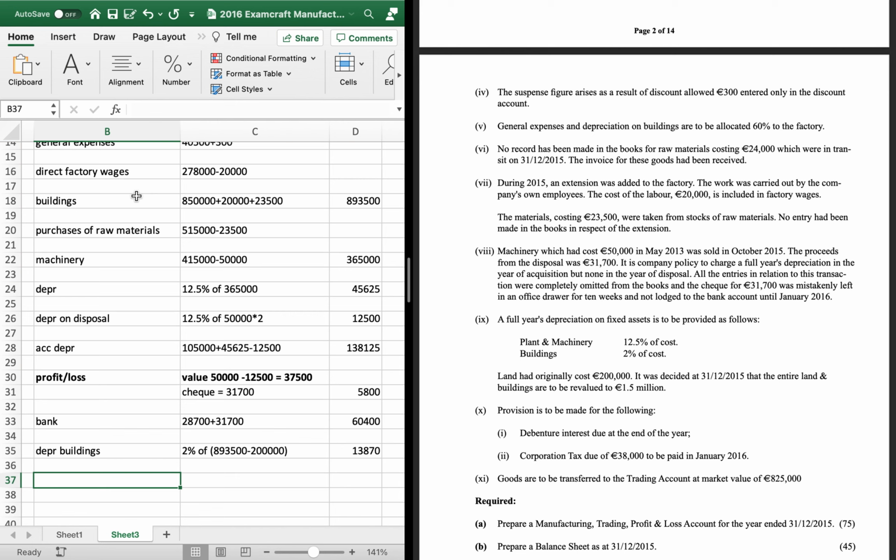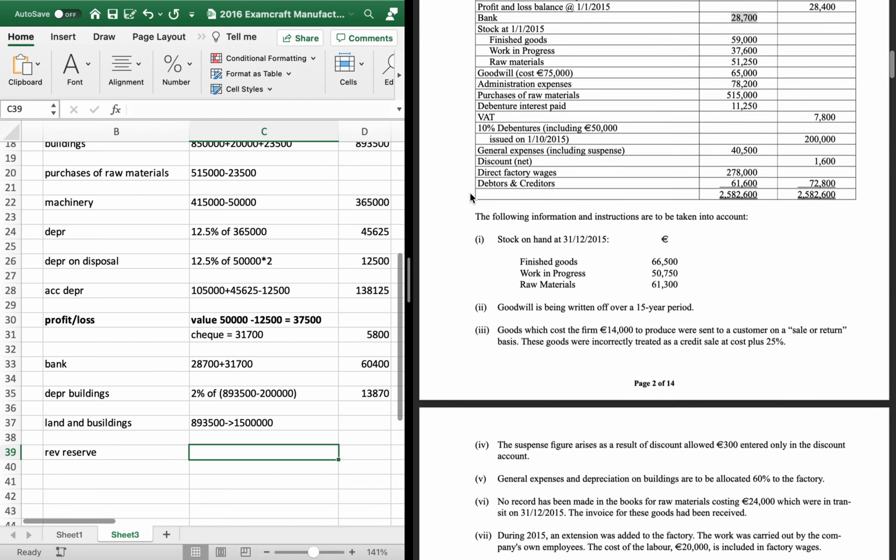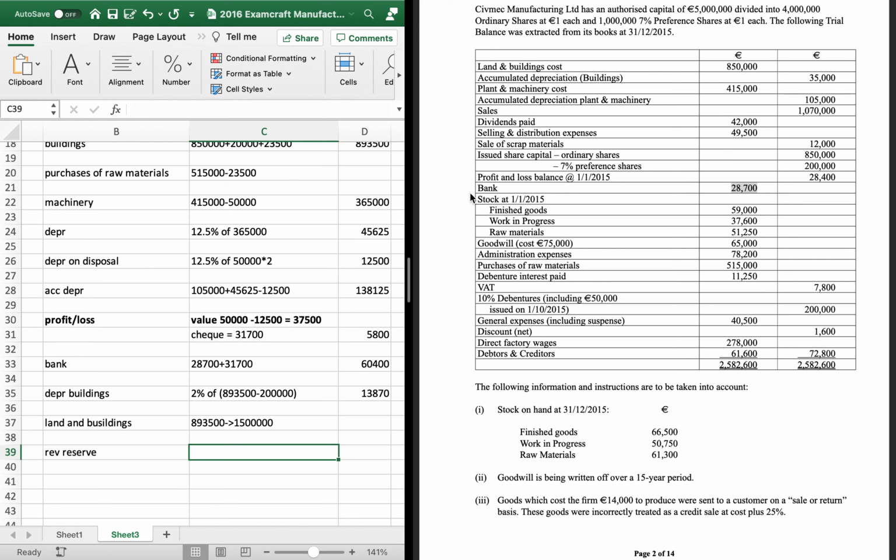It was decided that the entire land and buildings are revalued to 1.5 million. So land and buildings go from 893,500 up to 1.5 million. So then instead of accumulated depreciation, we've got a revaluation reserve. The revaluation reserve is the depreciation on the land and buildings to date.